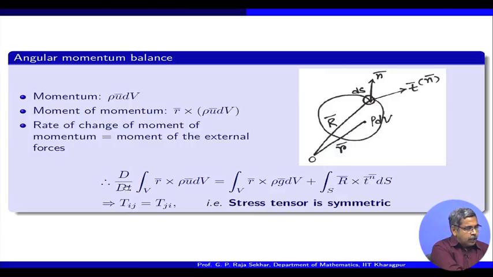Then put this also in summation notation and use the corollary that we have. Then if you bring everything to the volume element and balance, what you get is that the stress tensor is symmetric. That is the net result we will be obtaining.